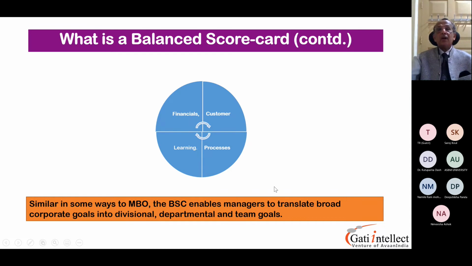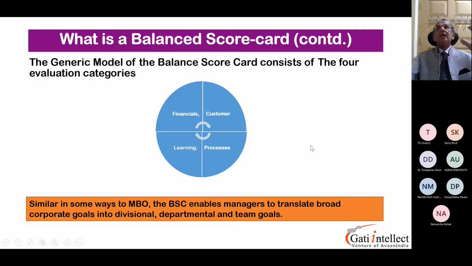It can narrow down. This is where, as I said the other day, the strategic business unit, SBU, wherein each department or unit is considered a revenue center. Revenue and expenditure have to be looked into and matched.